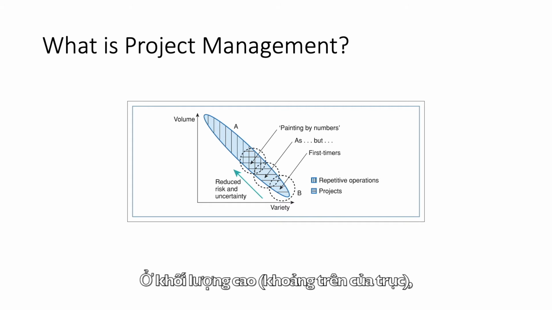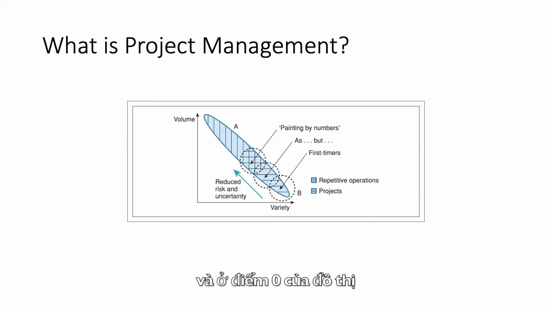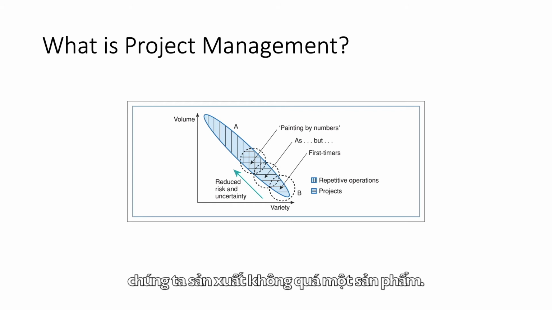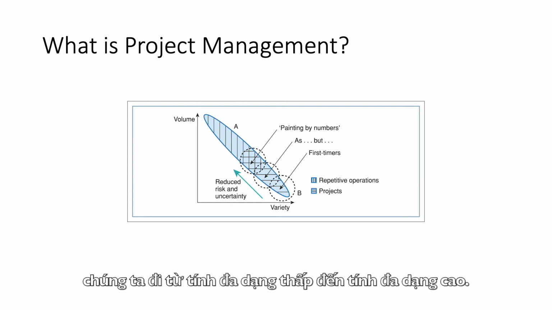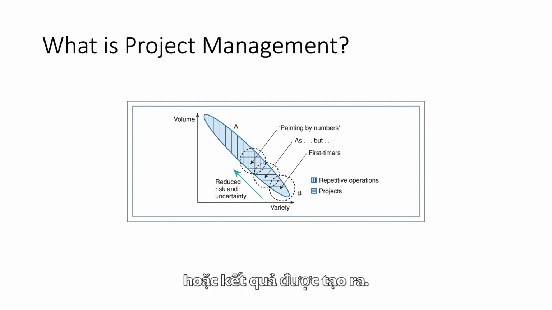In other words, at high volume, we're producing large numbers of the same activity or same product, same service, and near zero, we're producing no more than one. On the variety axis, we're going from low variety up to high variety. And in this case, we're talking about the variety of attributes of the product or outcome that is produced.